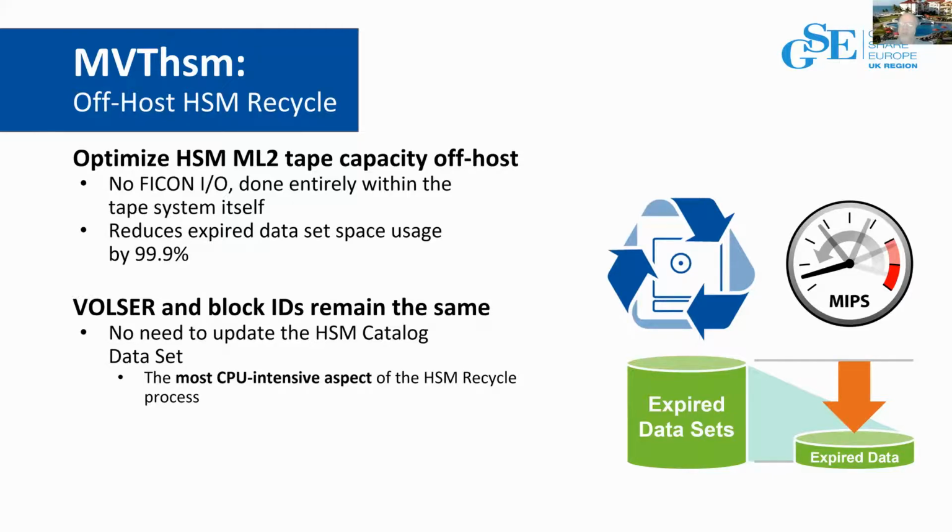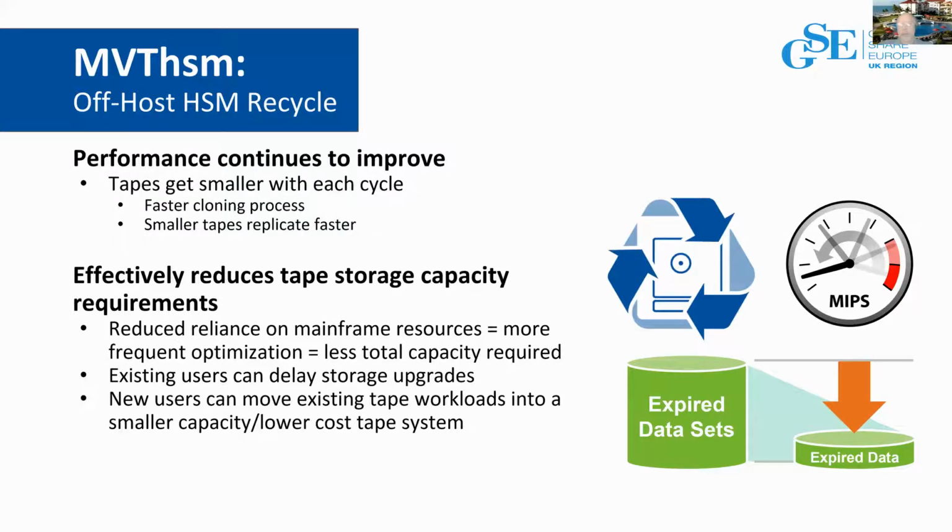But what we're able to do is take all the extra gas out of those expired data sets, leaving the block IDs in place, but returning that free space to the pool. So what happens is your performance continues to improve. The first time you do this, your tapes will physically get smaller. Those container files will actually shrink and not take up as much space.